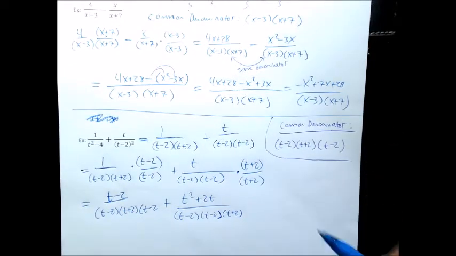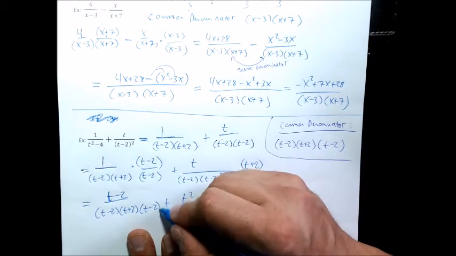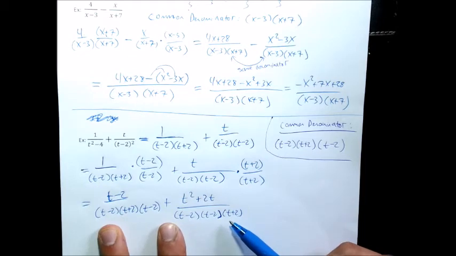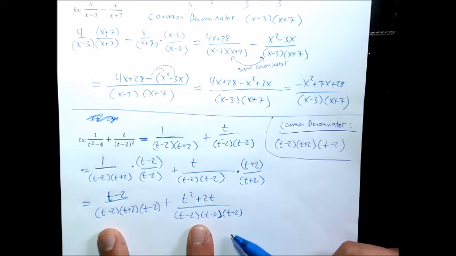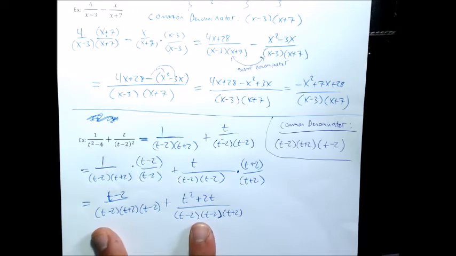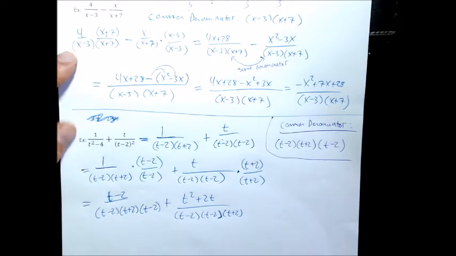And now they've got the same denominator. Whoops, I forgot my parenthesis there. Now they have the same denominator, and we can add them. We can just add straight across the top. You keep the denominators the same, you add across the top. Any questions?